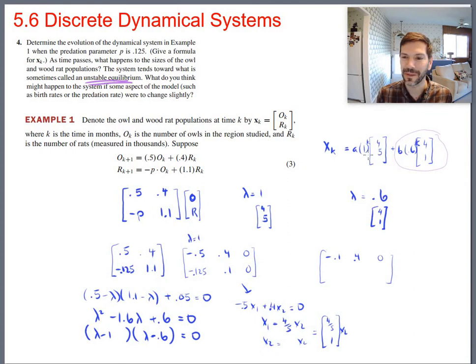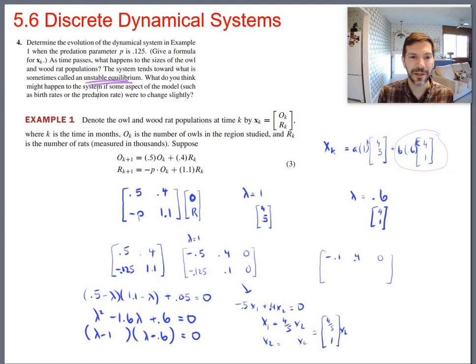And it doesn't grow or decline, right? The eigenvalue is the same. So whatever this 4-5 ratio is, based on A, whatever that A value is, whatever that 4 owls to 5,000 rats times 2 or times 10 or whatever A is, stays.